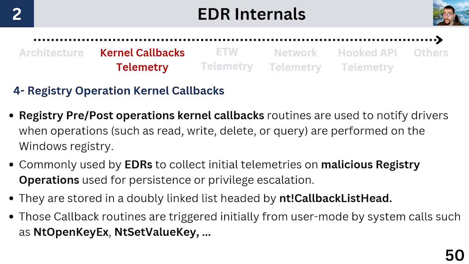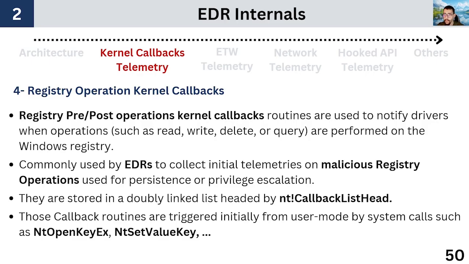These callbacks are commonly used by endpoint detection and response solutions to detect malicious registry modification used for persistence or for privilege escalation attempts. This telemetry allows EDRs to track registry changes in real time and respond accordingly.